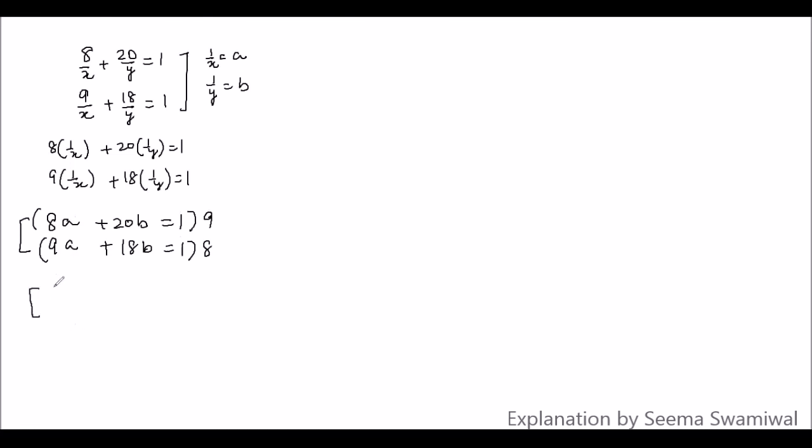So this is 72a plus 180b is equal to 9. Similarly, 72a plus 144b is equal to 8. Now to eliminate, we have to change the sign. Let's change the sign and get the value of a and b.